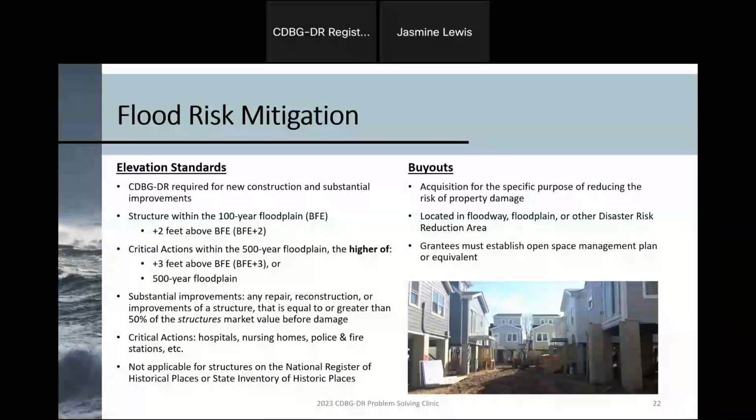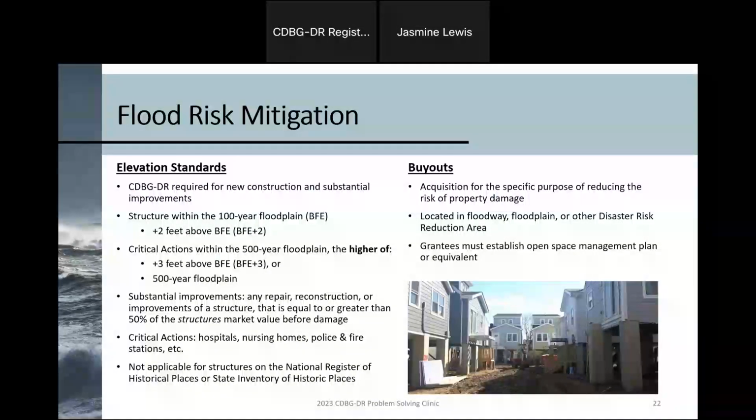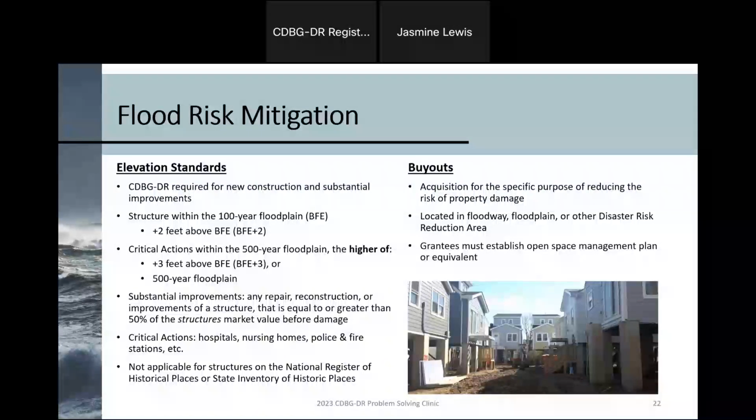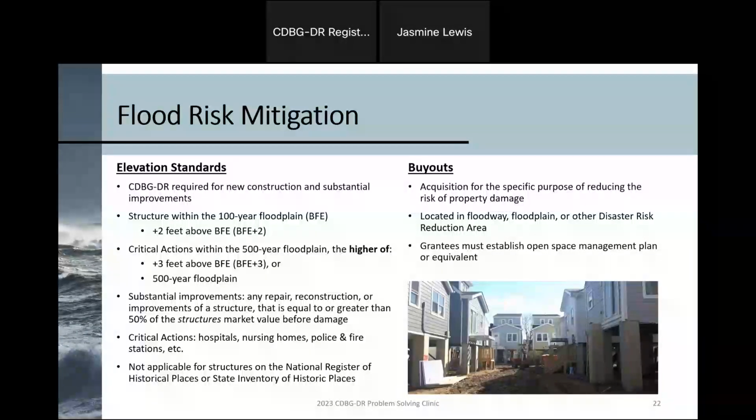The final option for mitigation is buyouts, and this is intended for communities located in the floodway or floodplains that continually have routine flooding and damages to those properties. This is a great opportunity to acquire those buildings and convert that area over to open green space. So you're achieving 2 distinct things here.